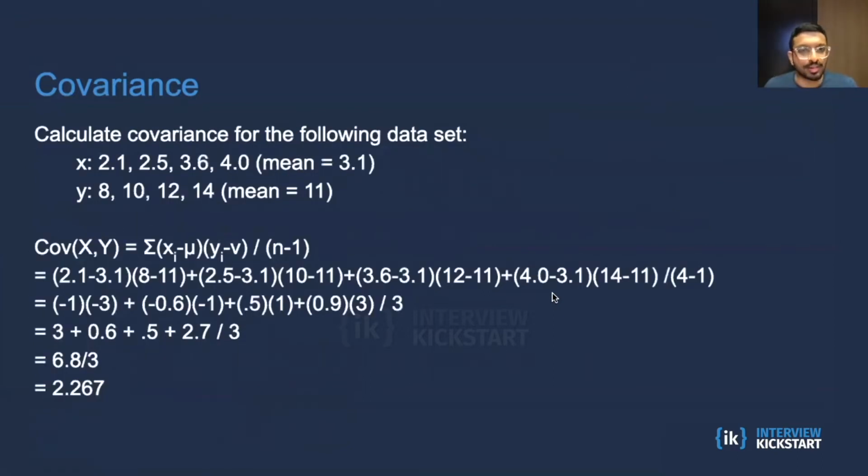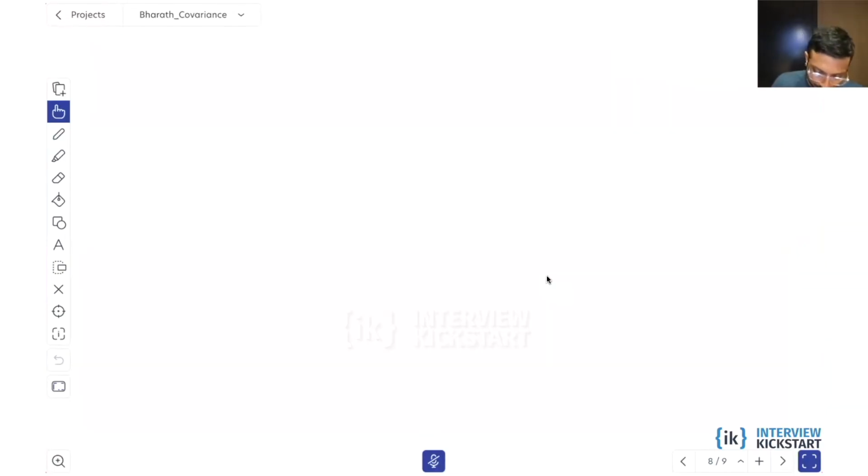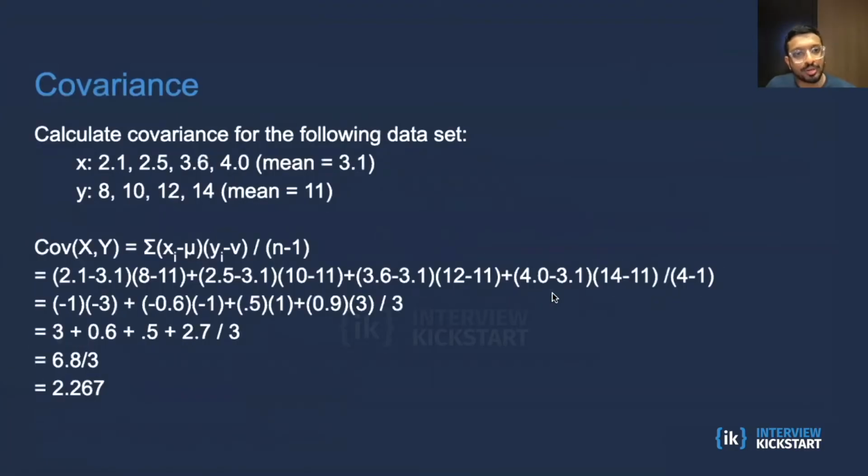So let's take a little bit of an example. Let's do this on a different slide. We want to calculate the covariance for the following data set. We have x as 2.1, 2.5, 3.6, and 4.